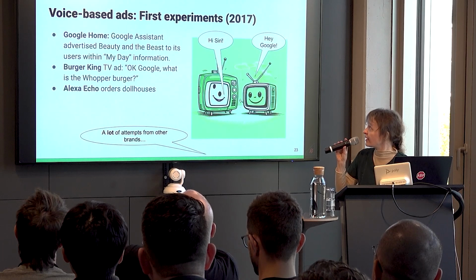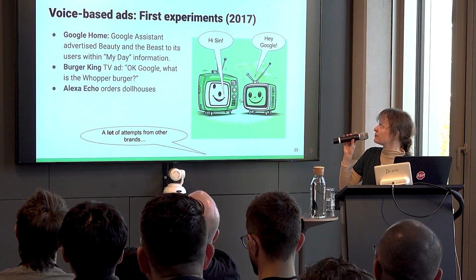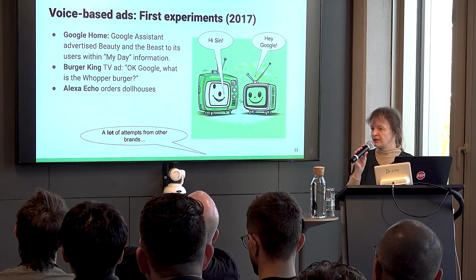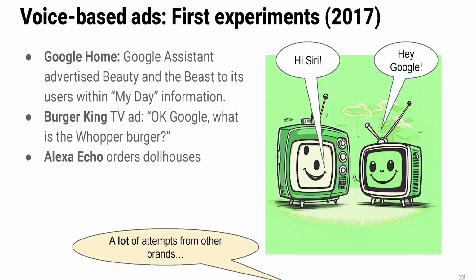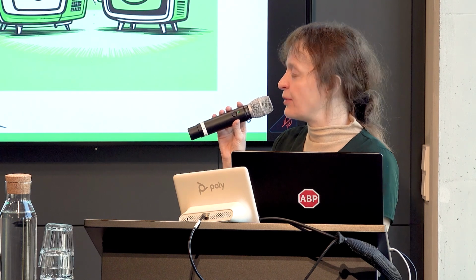The first experiments started in 2017, and they were more like attempts to hack. Google and Burger King were trying to trigger wake words on TV, saying, "Oh, hey Google, what's that?"